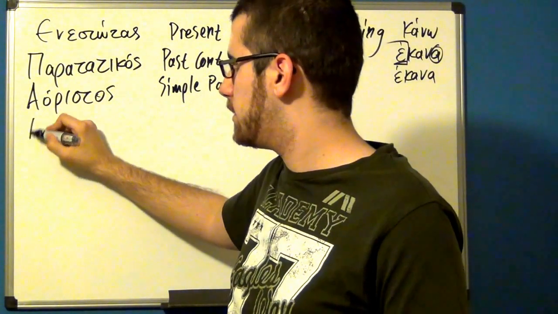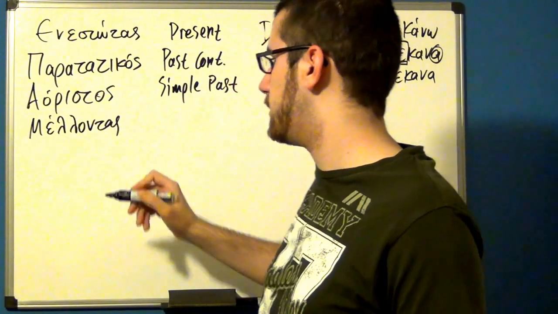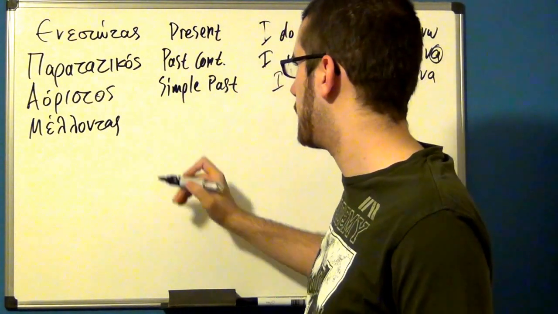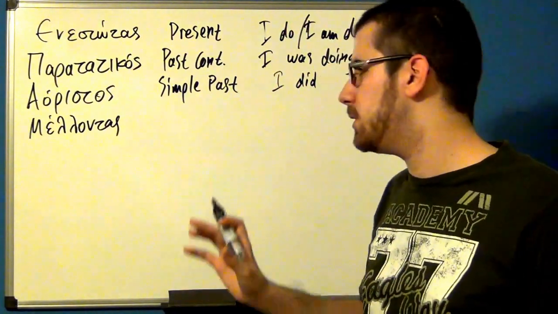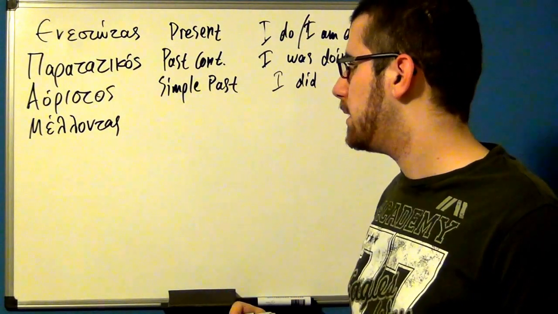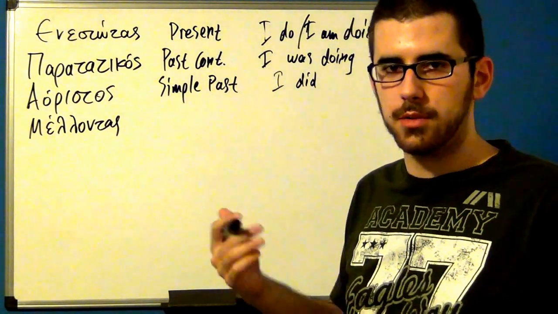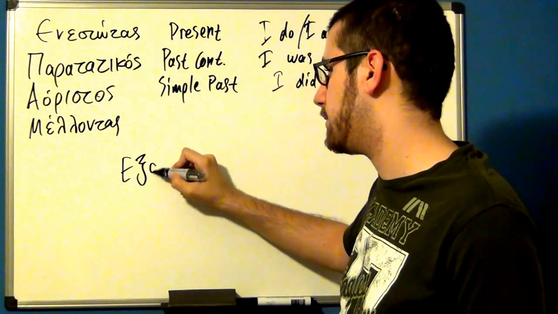The next tense is μέλλοντας. Now, there are 2 branches of this tense. The usual one that we don't label at all, we just call it μέλλοντας, is actually called εξακολουθητικός μέλλοντας. That's a pretty big name. I'm just going to write it down for reference.